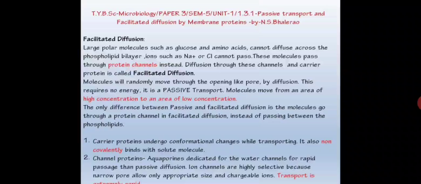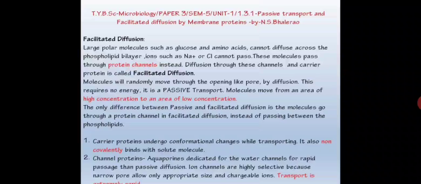So there are protein molecules by which these solutes are transported along the concentration gradient through the plasma membrane from inside to outside or outside to inside of the cell. So the diffusion of such molecules or solutes through carriers or channels is called facilitated diffusion.